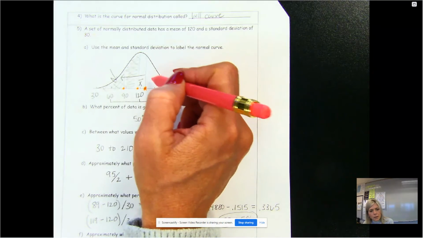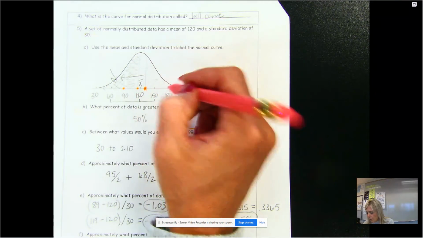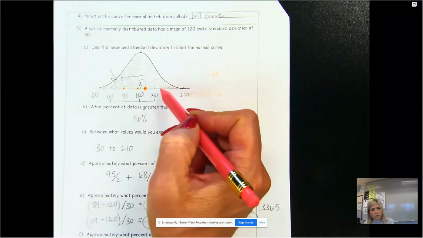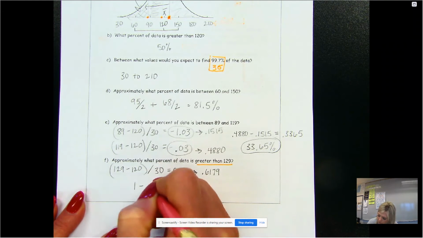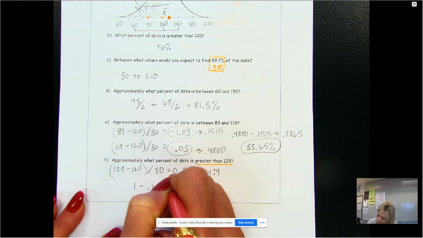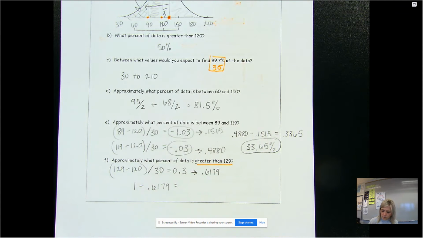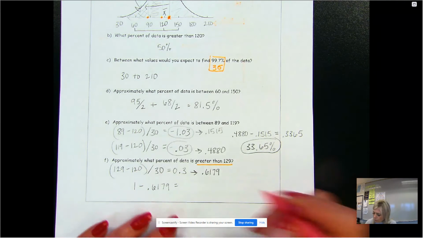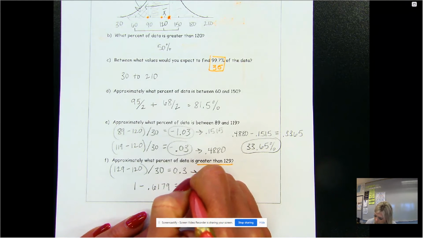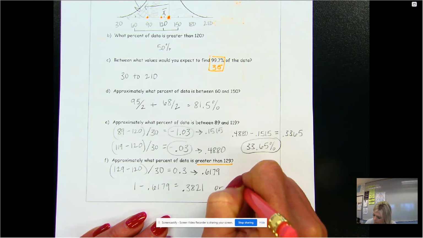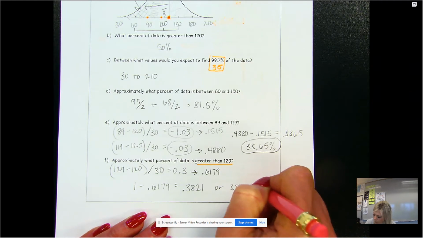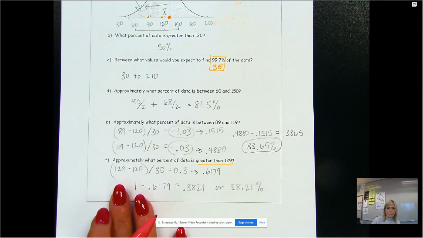So I'm going to take it away from 1 because the last question is asking for this area over here, greater than 129. So 1 minus 0.6179 is 0.3821, or 38.21%.